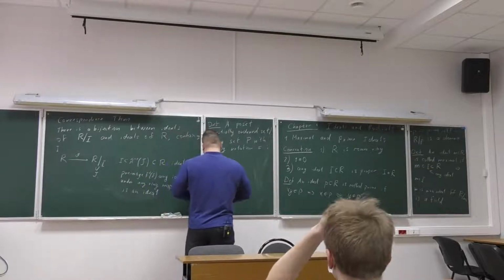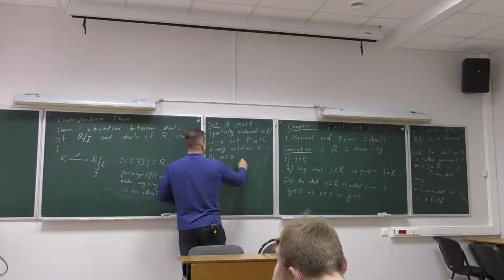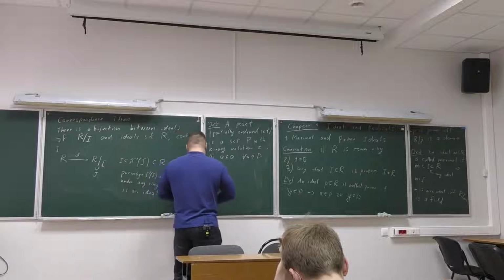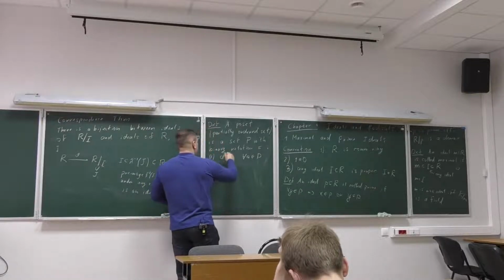So the first property is that A is less or equal than A for any element A in the set P. The second property is the transitivity of this binary relation.